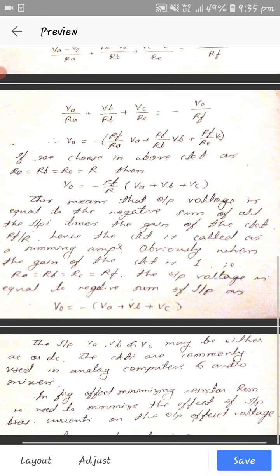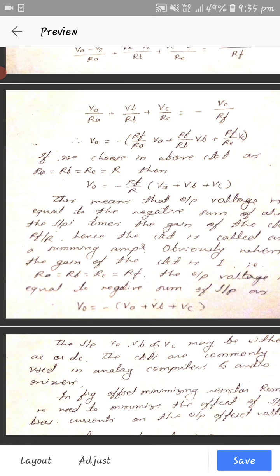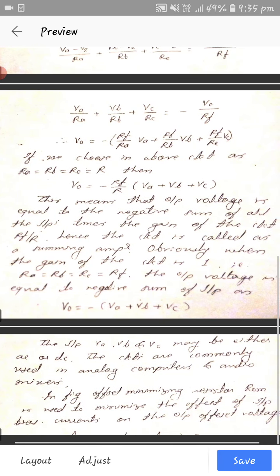The inputs VA, VB and VC may be either AC or DC.